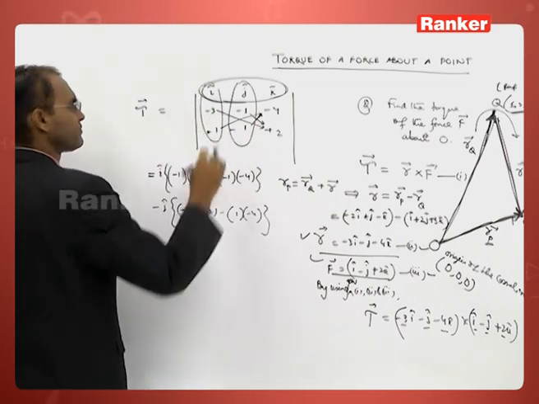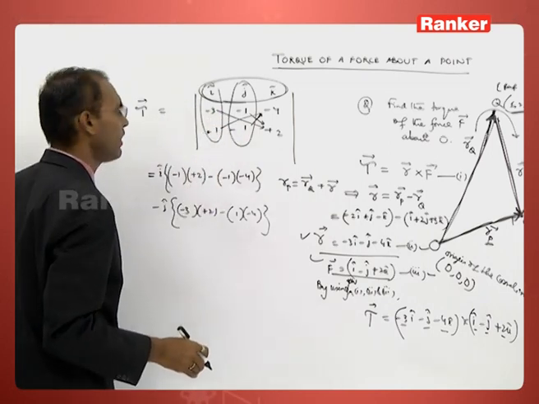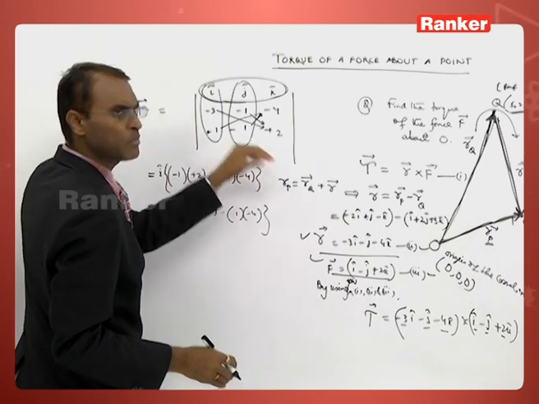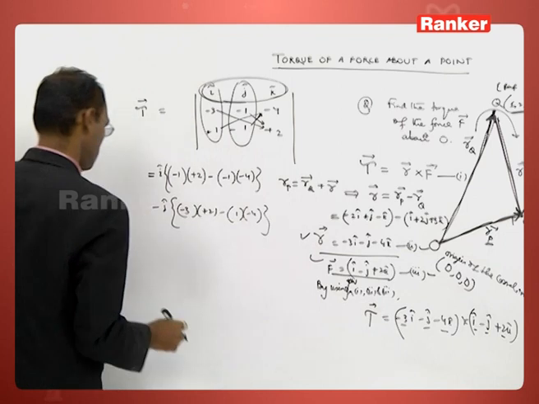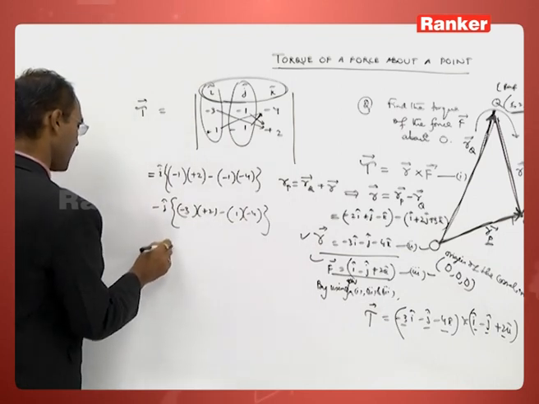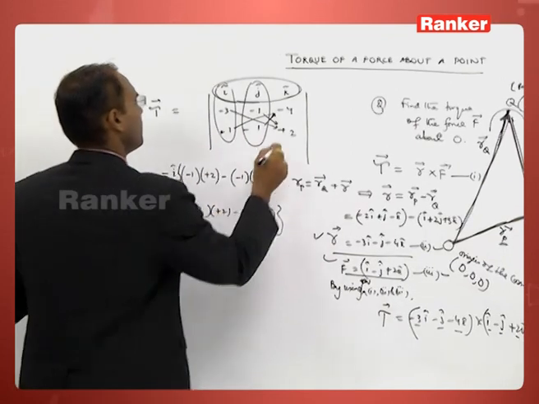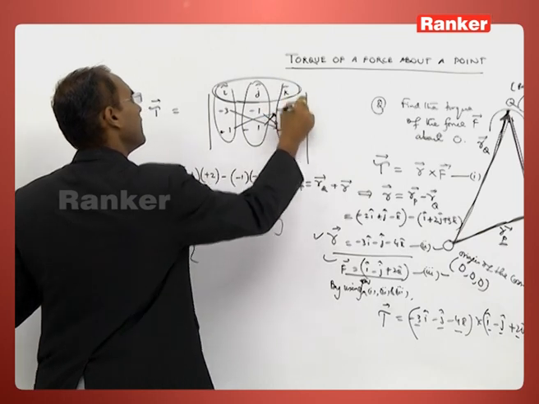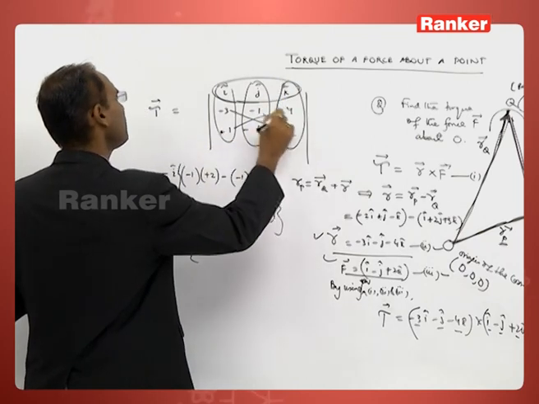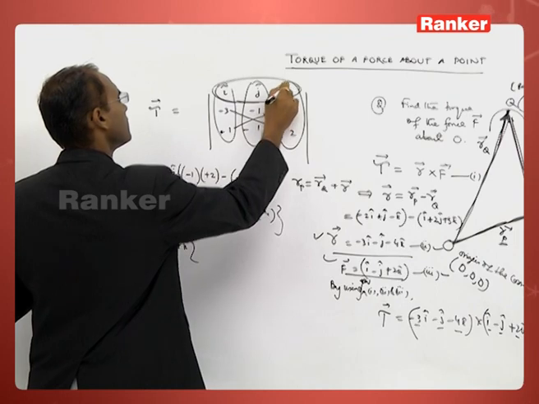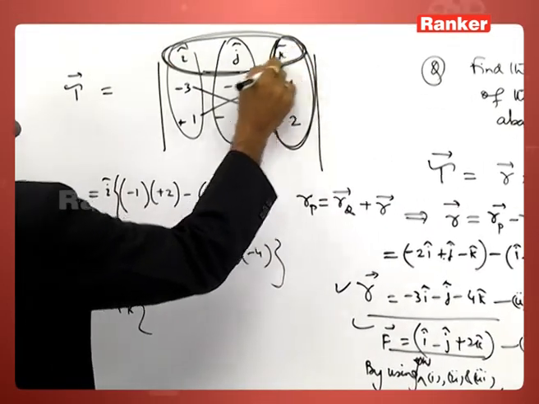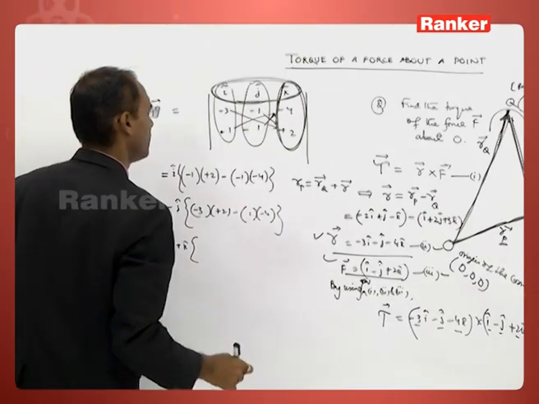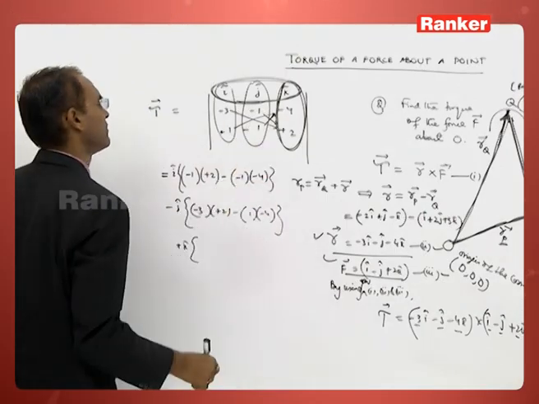Then only you can follow the order from left to right, from top to bottom, then plus k cap. For this, you leave the third column and the first row, and follow the same order.